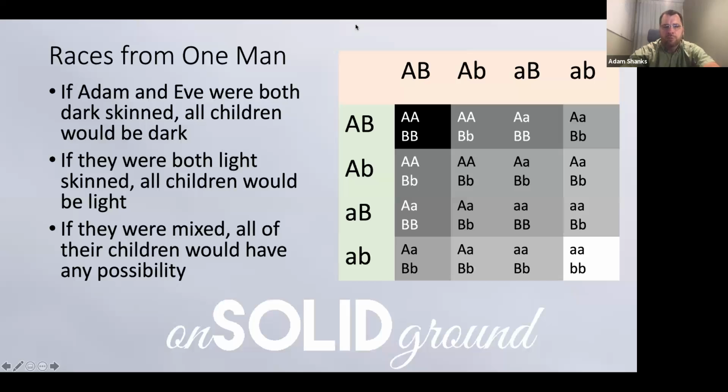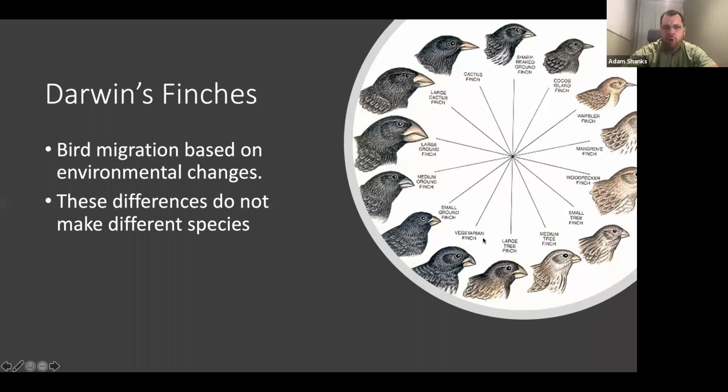at the Galapagos Islands. He was observing all of these birds, right? And so we've got vegetarian finch, small ground finch, medium ground finch, large ground finch, large cactus finch, sharp-beaked ground finch. Those are the only ones I can see because of y'all's beautiful faces over there on the side of my screen. So we have all these different species of finches, right?